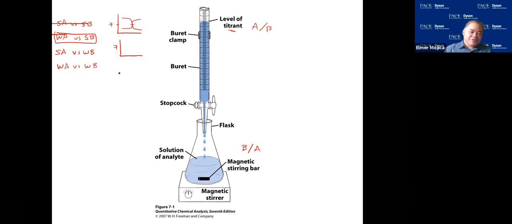If you're titrating a weak acid versus a strong base, will it be equal to pH 7, more than pH 7, or less than pH 7? Someone answered pH 5. Anyone? This is a weak acid and a strong base.